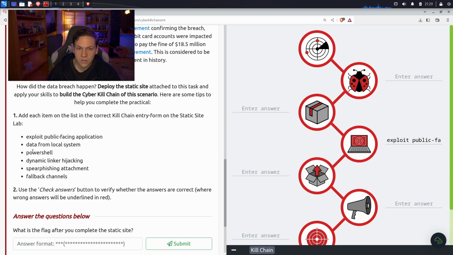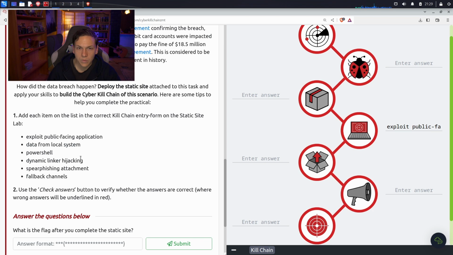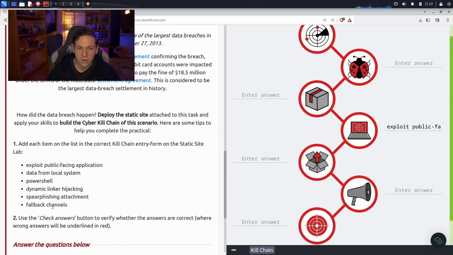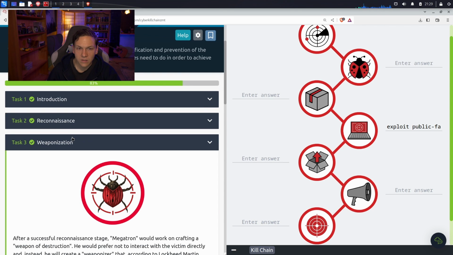Let's deliver data from local system. What is the command and control? So that will be... so the little bug is weaponization.